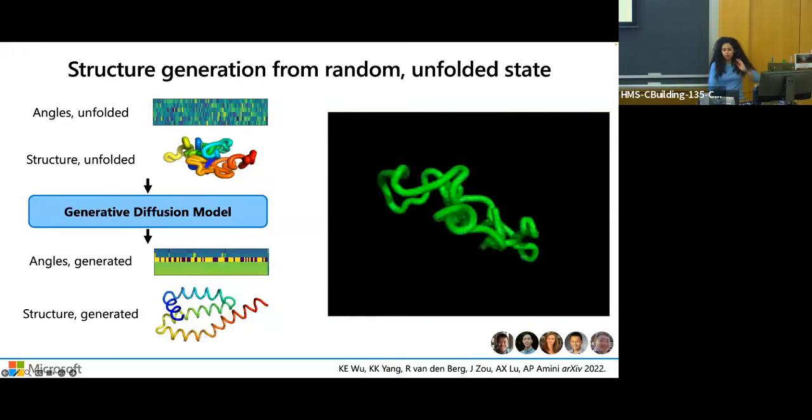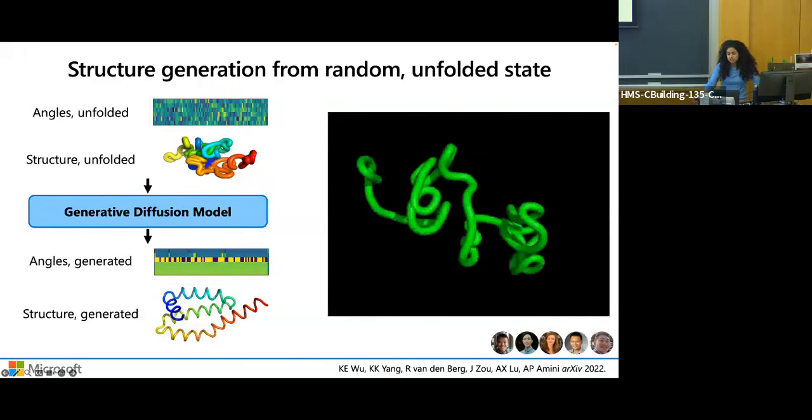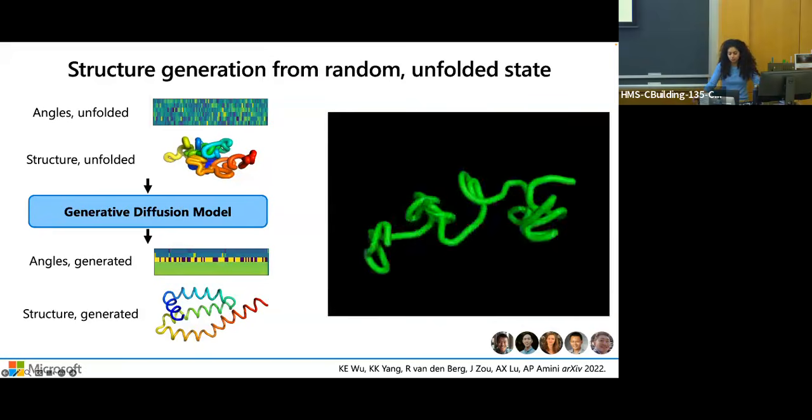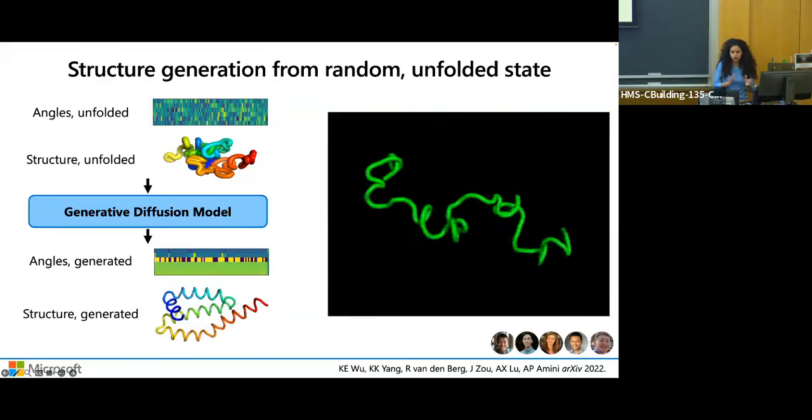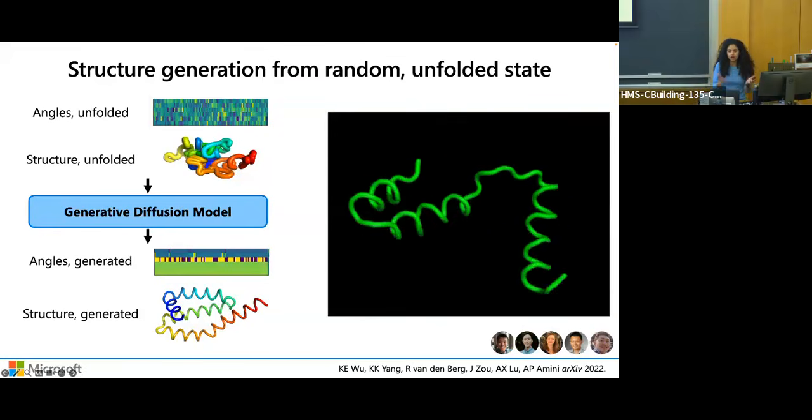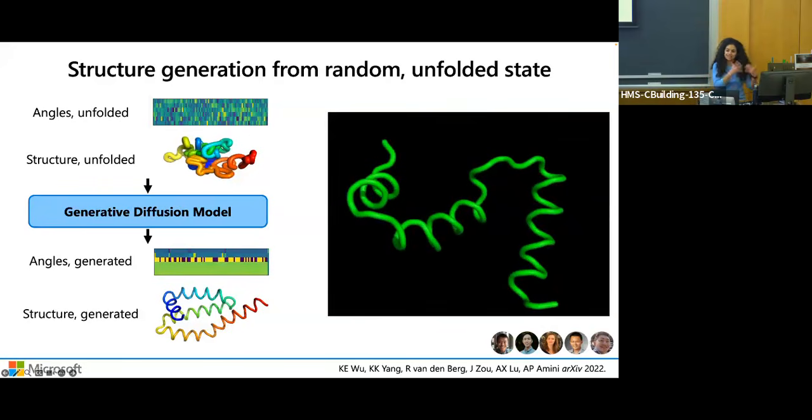And so what I'm showing here is a visualization of samples from that generative model as it is performing a denoising process, moving from a set of random angles to a final set that specify a 3D geometry and structure.